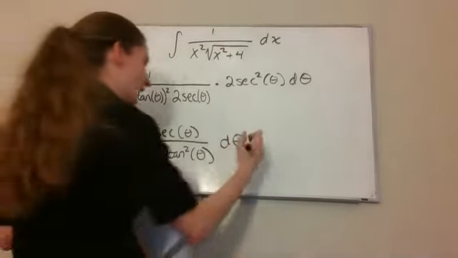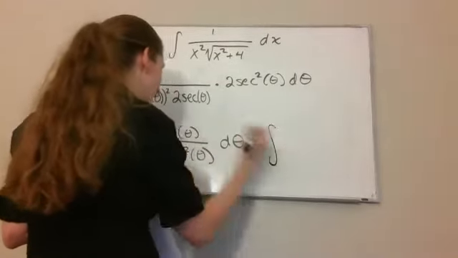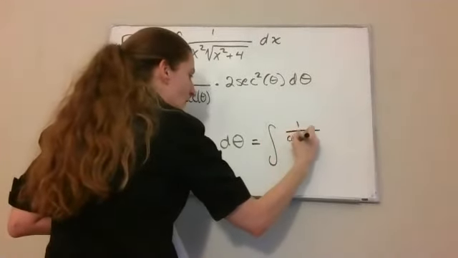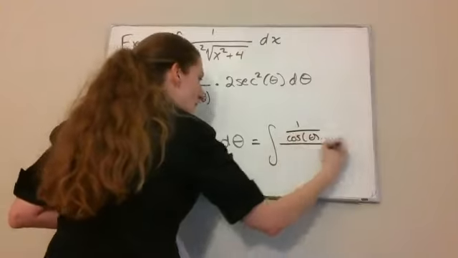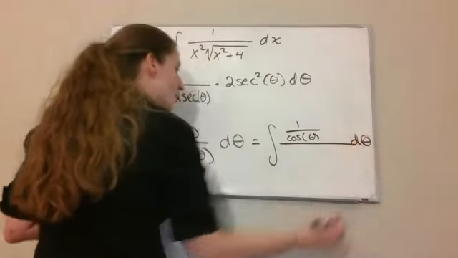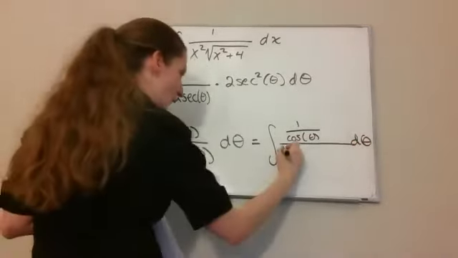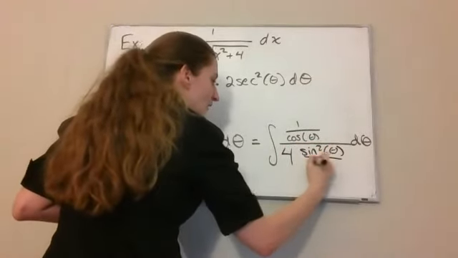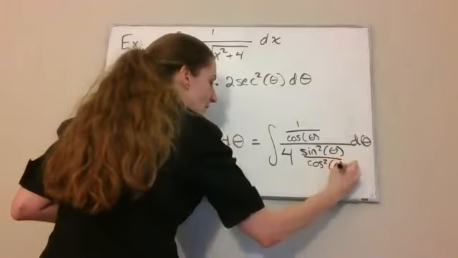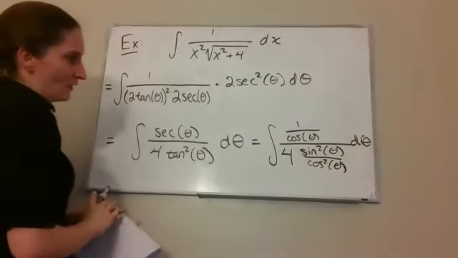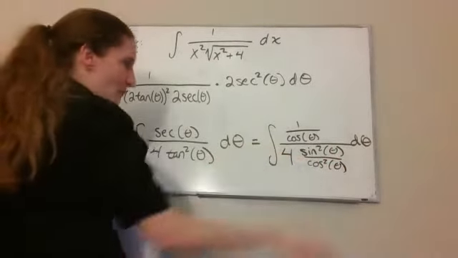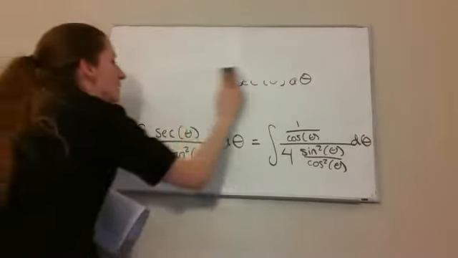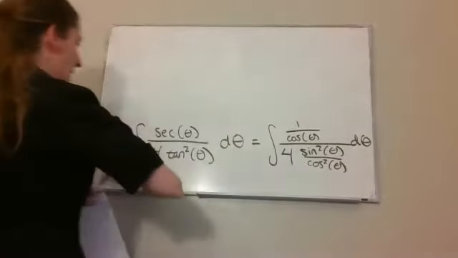So knowing what sines and cosines are for these different trig functions, secant is equal to 1 over cosine. 4 tangent squared theta would be 4 sine squared theta over cosine squared theta. And so when I end up flipping and multiplying and simplifying this crazy fraction, we'll get something much easier to integrate.